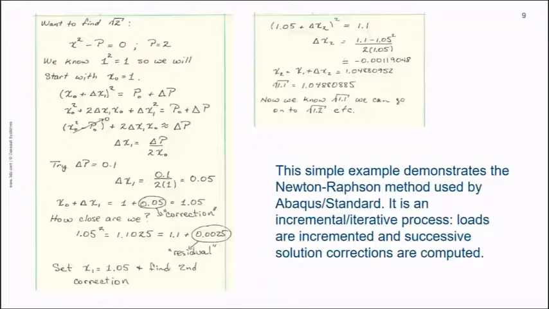And now we have to have some way to solve for delta x1. Now, we could take the square root of both sides, but that's cheating, so we're going to linearize this equation. We do that in this simple example. We'll simply square it out and throw away this higher order term here, delta x1 squared, as being small somehow.